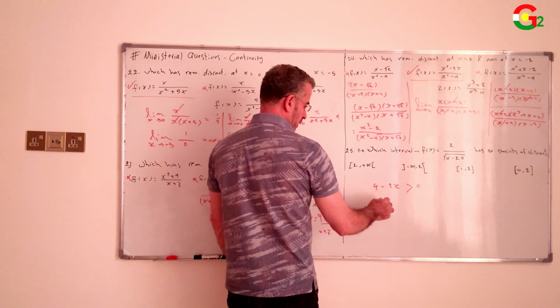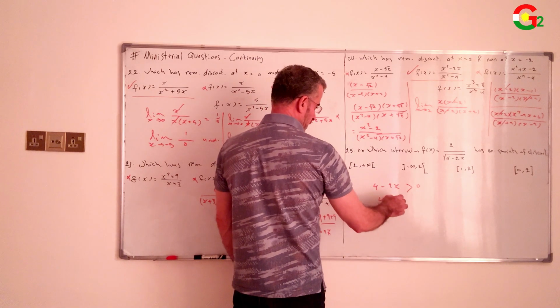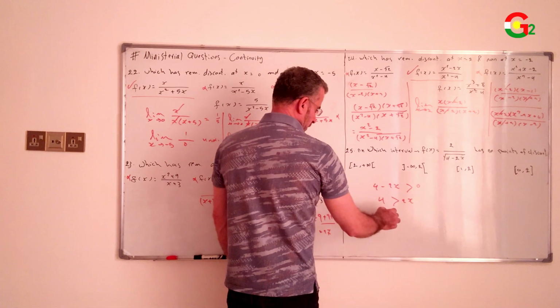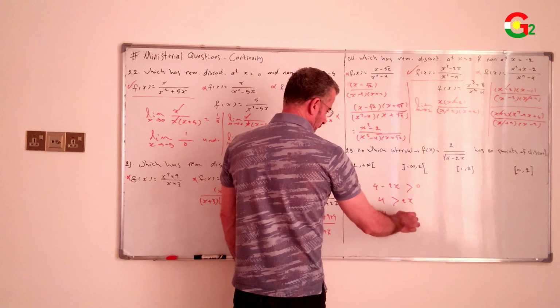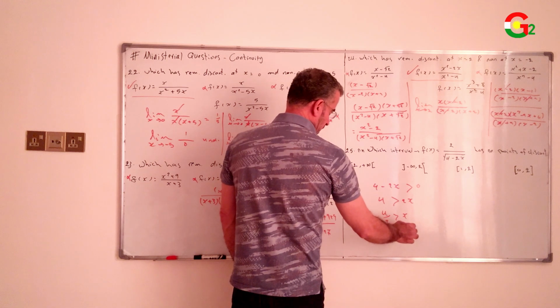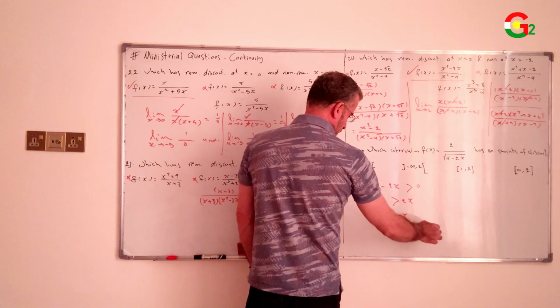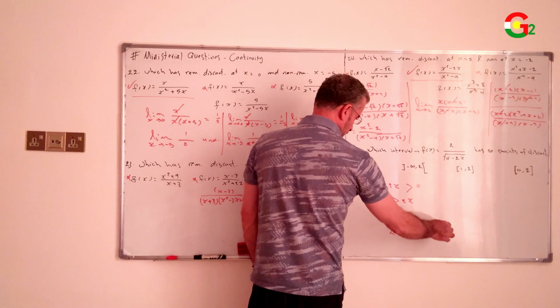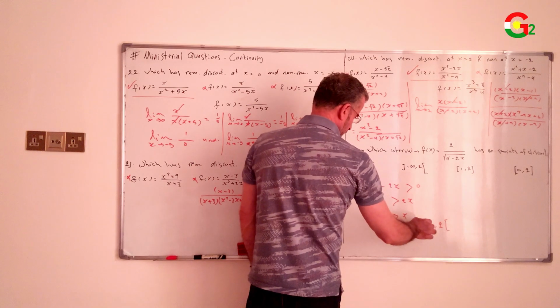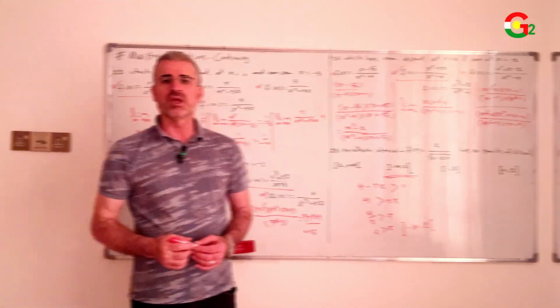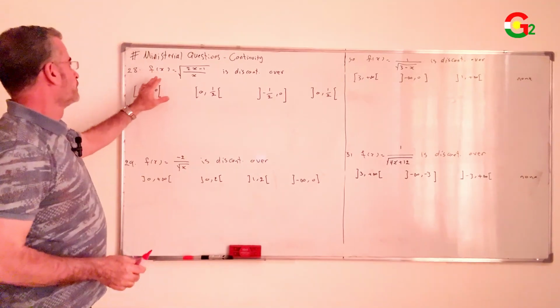Therefore, solve this inequality to find the value of x: 4 greater than 2x, 4 over 2 greater than x, so x less than 2. X less than 2 means negative infinity to 2, an open interval. The right choice is the second one.